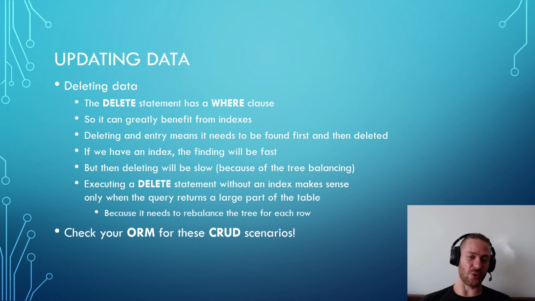Then in that situation, having an index will be very troublesome, because the index will help us find all the entries, but then it needs to be rebalanced for each entry deleted. And that's a lot of rebalancing which needs to be done.